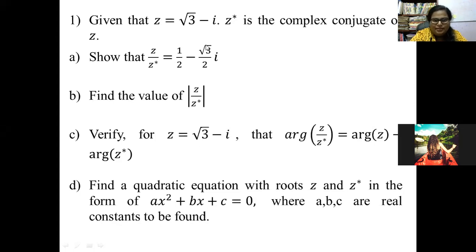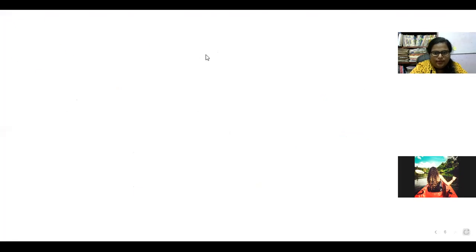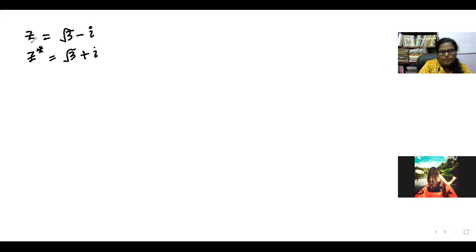So let me go to the whiteboard for this one. Risindu, we have z is square root 3 minus i. Z star is square root 3 plus i. This is the complex conjugate of this z, right?